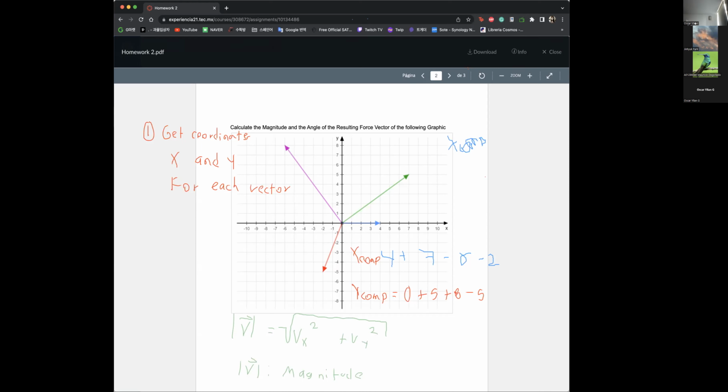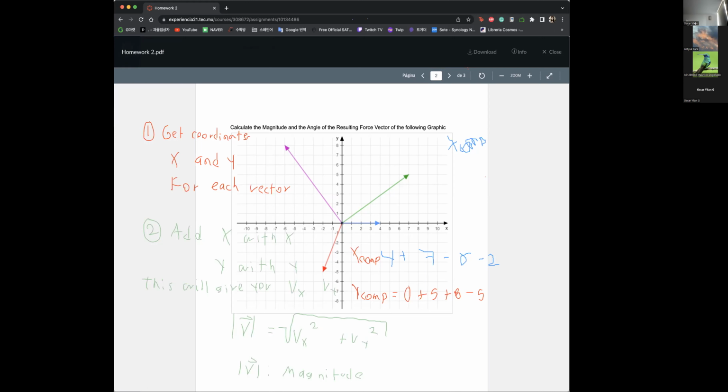Number two is: add X with X, Y with Y, and this will give you Vx and Vy, which are the components of the resulting vector.